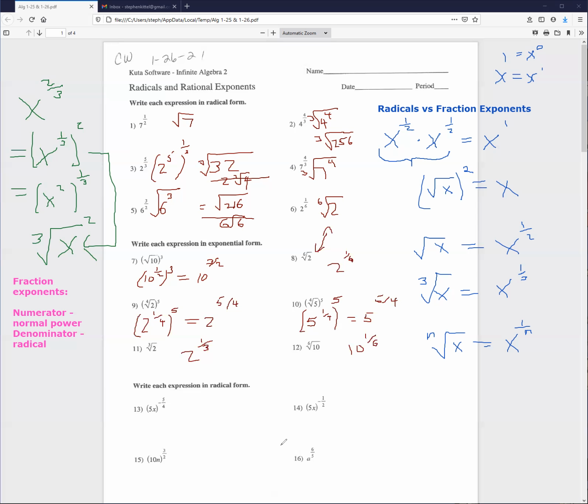Okay. Now, for these lower questions, we're going to have to be a little more careful for two reasons. First of all, there's more than just a number inside of the parentheses. And number two, some of them have negative exponents. So, two things to note. If parentheses are to a power, the whole thing is to the power, meaning each of the individual factors gets raised to that power.